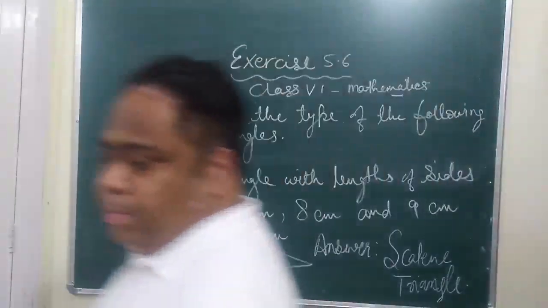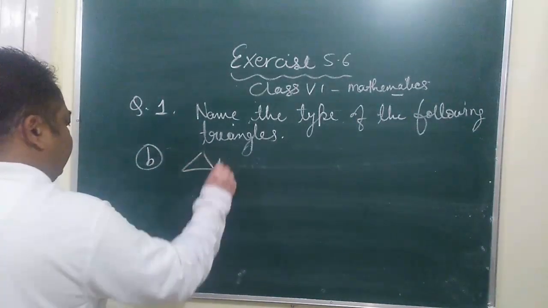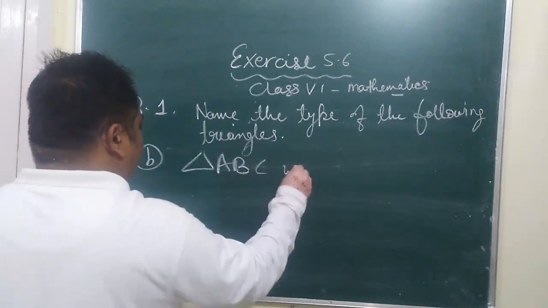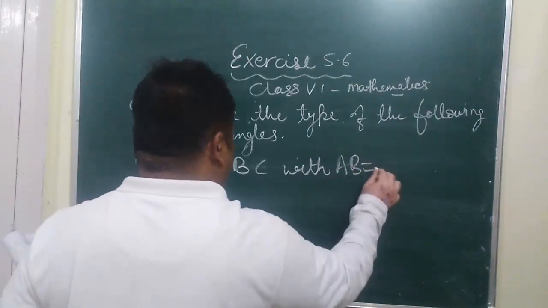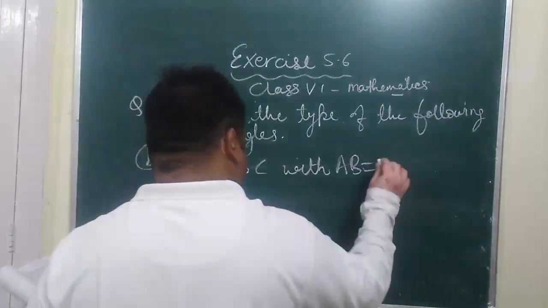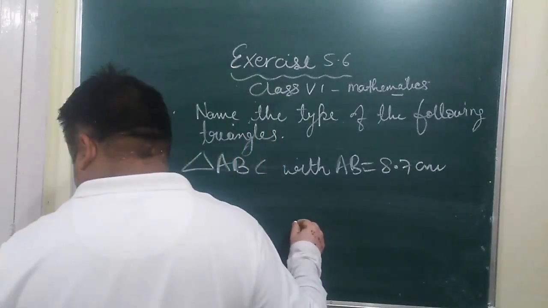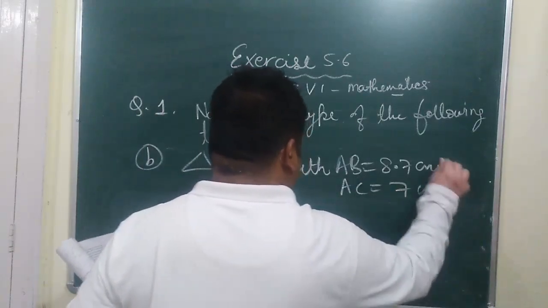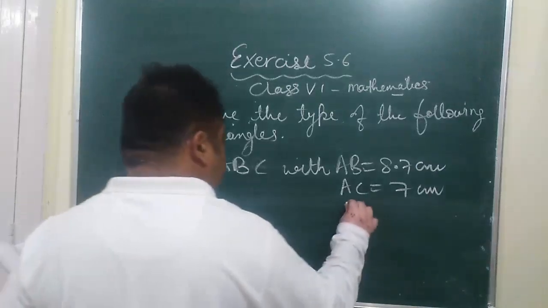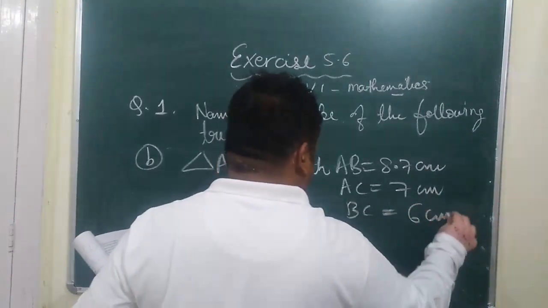Now we'll do question number B. Question number B says triangle ABC with AB equal to 8.7 centimeter, AC equal to 7 centimeter, BC equal to 6 centimeter.